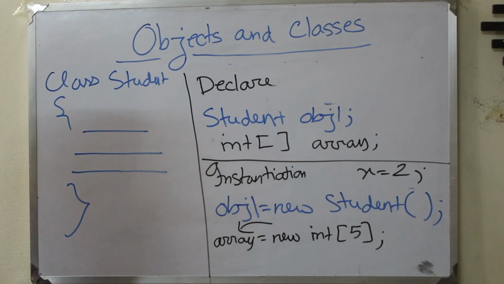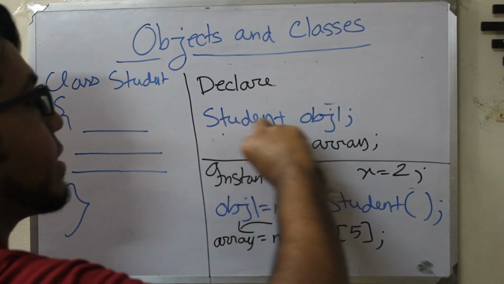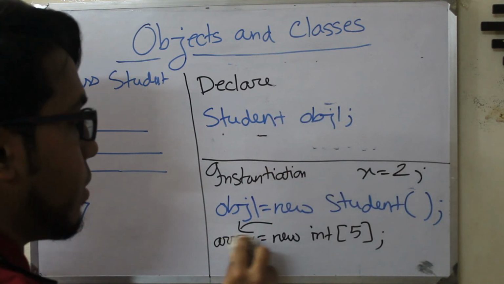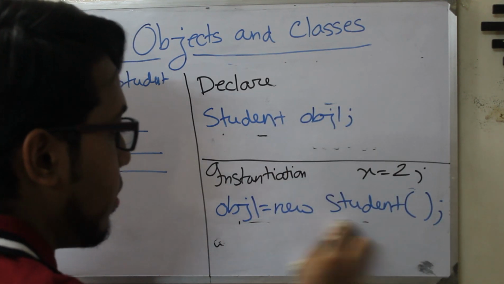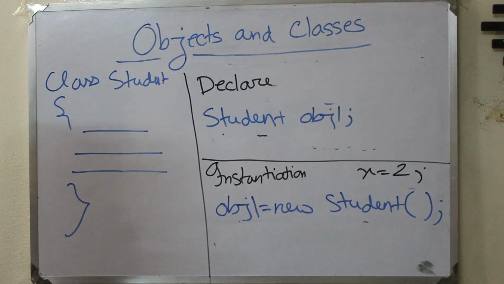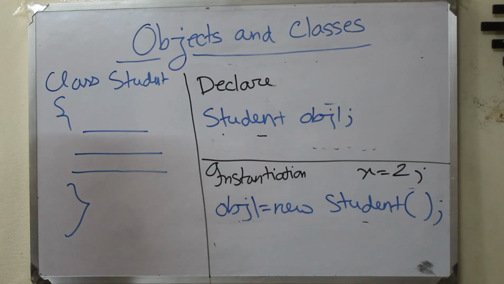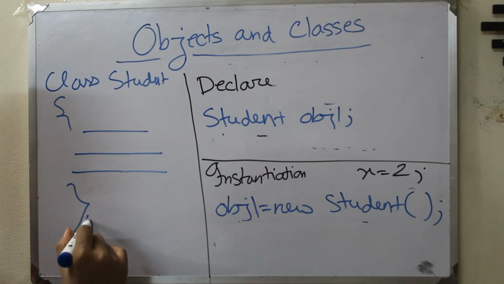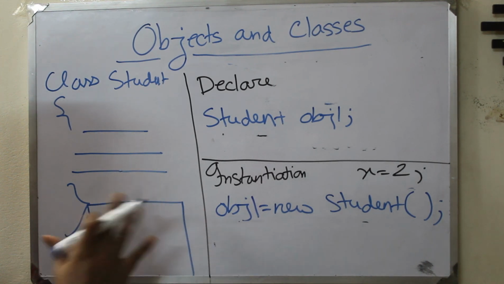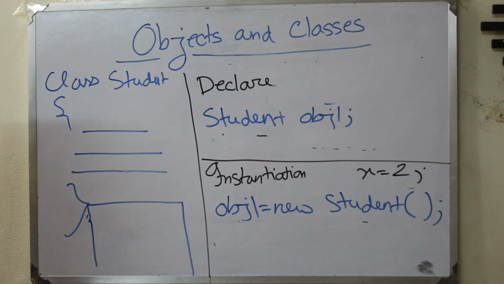When we're creating an object, we do the very same thing. So let's see what we do. When we say obj1 is equal to new student, we're creating a new memory location. Suppose this is the memory location that we're creating. This block of memory will hold the fields of the class.